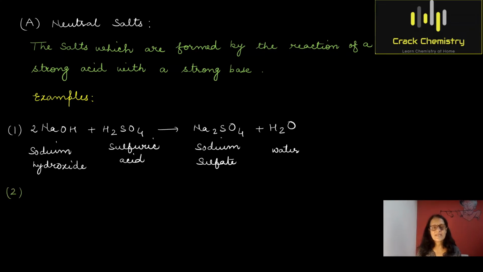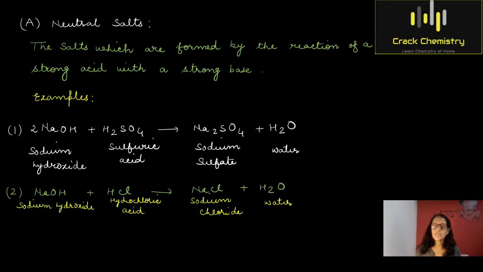Let's consider another example of a neutral salt, formed by the reaction between a strong base, sodium hydroxide, and a strong acid, HCl. The salt formed is sodium chloride. 1 mole of sodium hydroxide reacts with 1 mole of hydrochloric acid, and 1 mole of sodium chloride and 1 mole of water are formed.